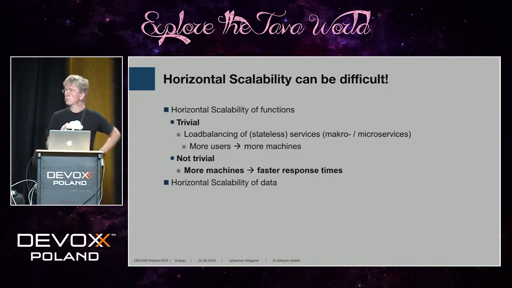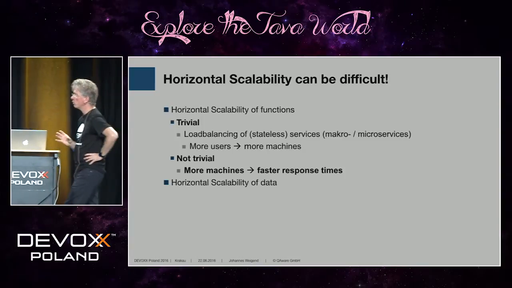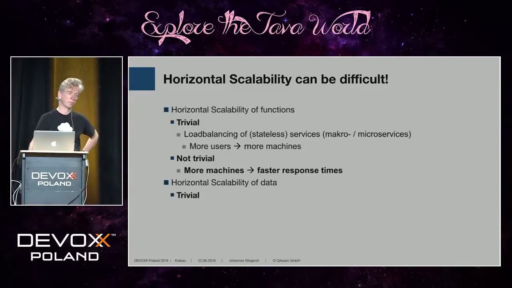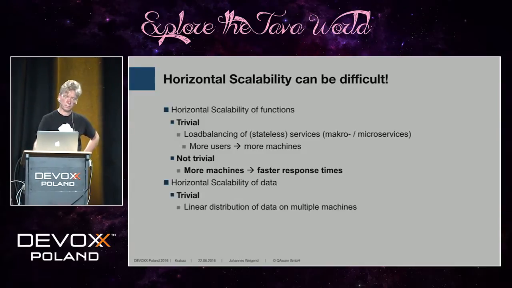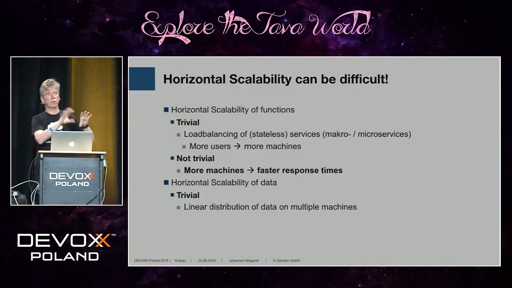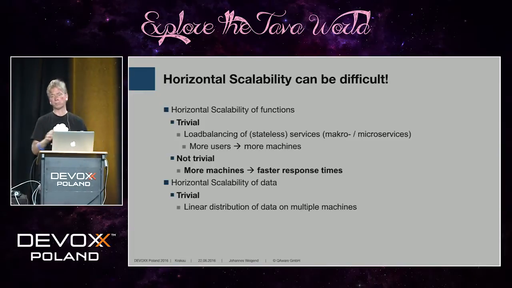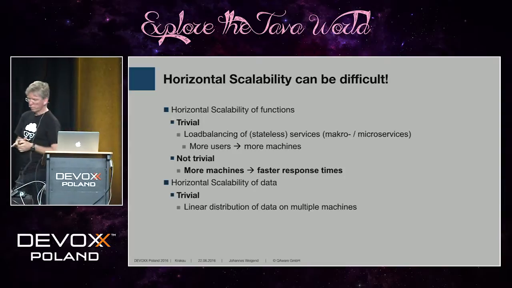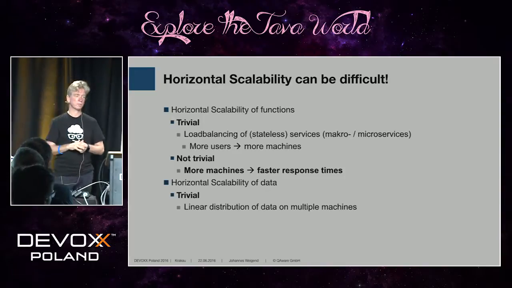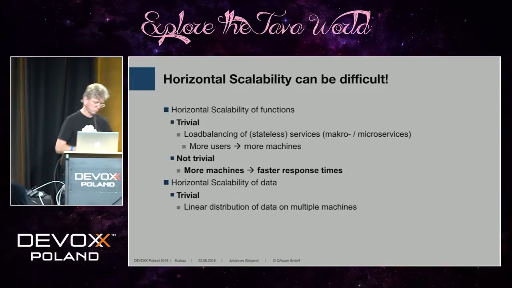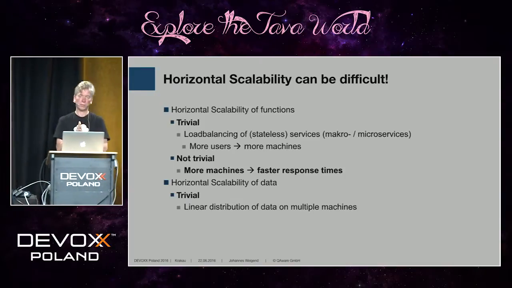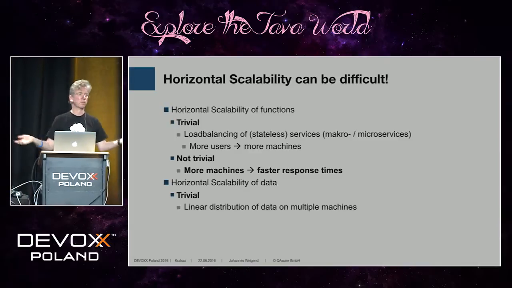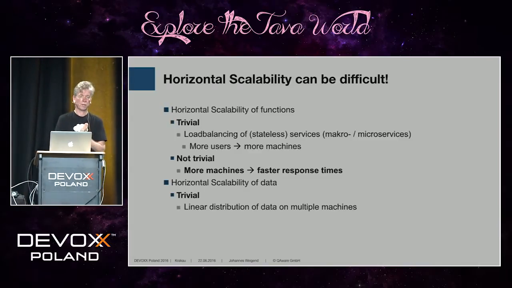Also, from the data side, if you want to horizontally scale your data, what's also very well understood is linear distribution of data on multiple machines. I remember when I studied computer science more than 20 years ago, we had a script and there were distributed databases, and this concept is very old.